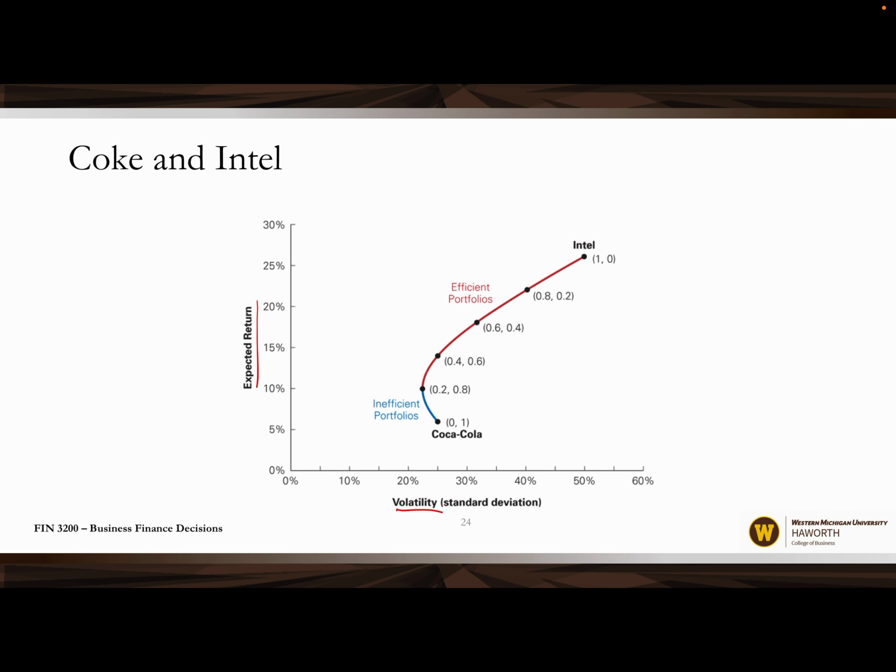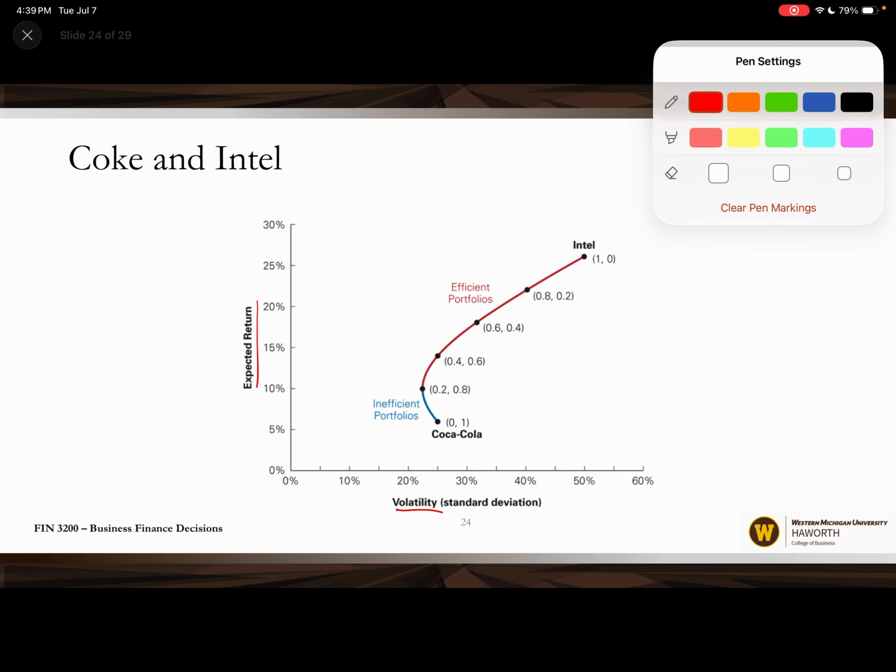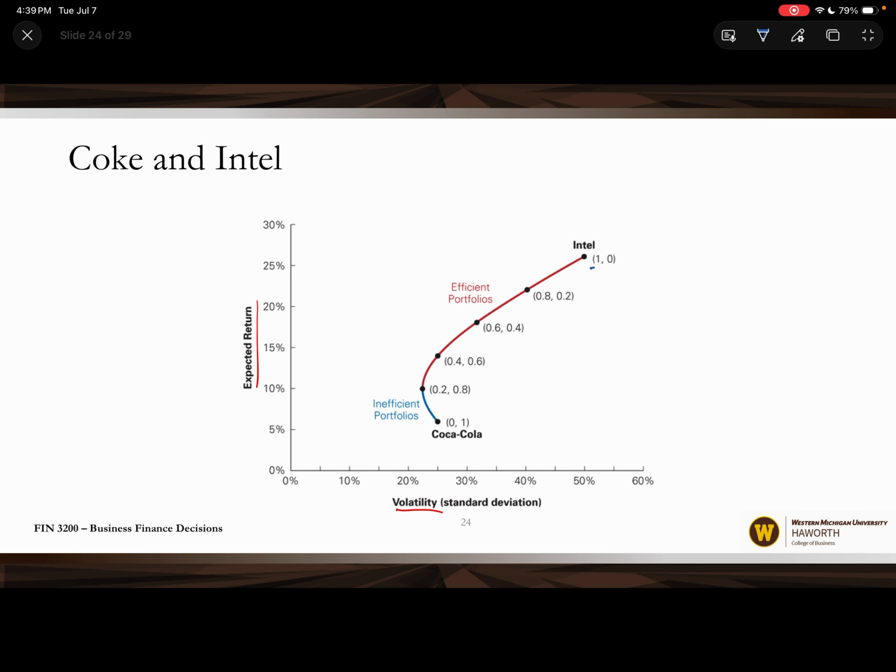Here we have a two stock example. Let's just say in this little world there are only two stocks, Coca-Cola and Intel. The number in the parentheses shows you the allocation of your capital into these two stocks.